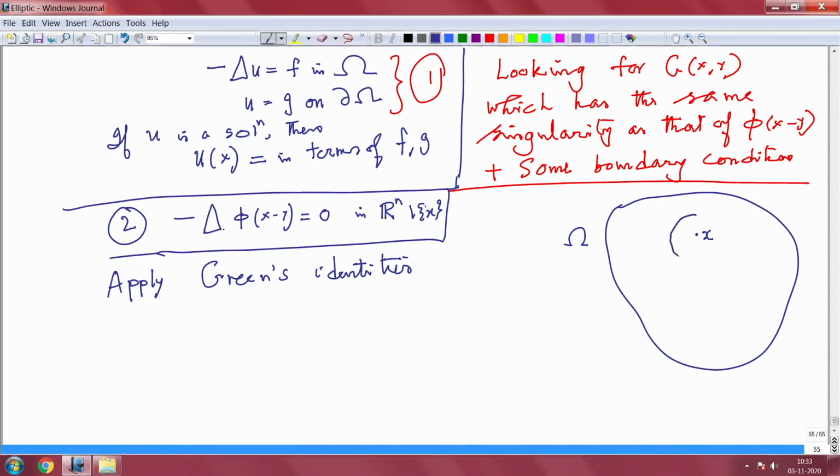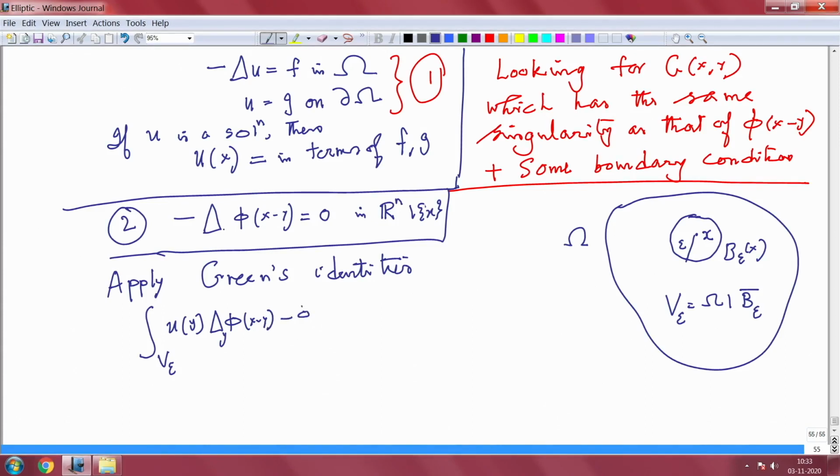So, there is a singularity at that point. I put a small ball here of radius epsilon, and I call this B epsilon of x. The domain V epsilon is nothing but omega minus the closure of B epsilon, that is the outside domain. Apply Green's identity here: integrating over V epsilon, u of y times the Laplacian with respect to y of phi of x minus y, minus phi of x minus y times the Laplacian of u.